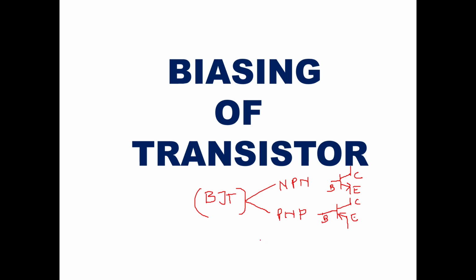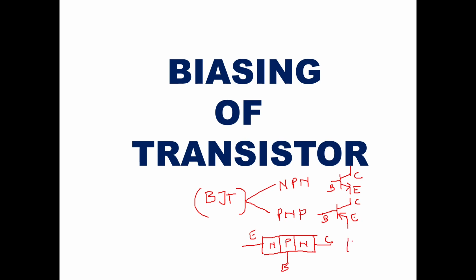Now with the layer type diagram, if you want to draw NPN, it looks like this. This will be N type semiconductor, this will be P type, and this will be N type. This will be the emitter, this the base, and this the collector.